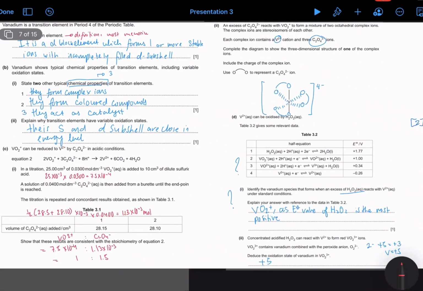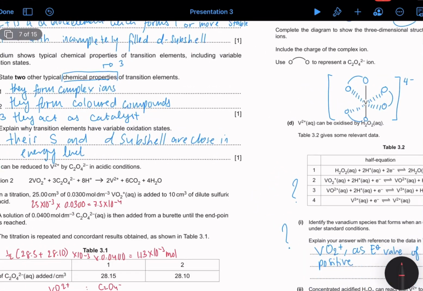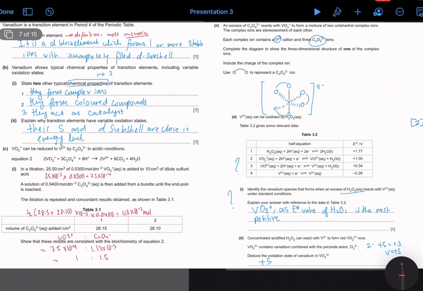Okay, so what is a transition element? Vanadium is a transition element in period 4 of the periodic table. So define what is a transition element. I guess this one has to be memorized. A lot of the inorganic section actually requires memorization.